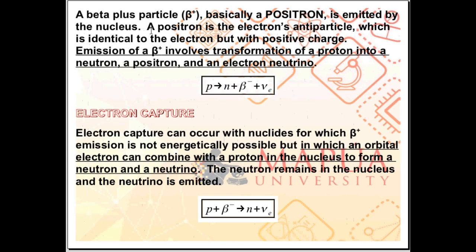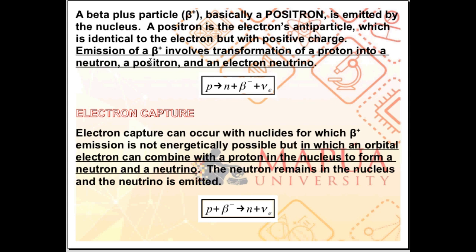A beta plus particle is basically a positron that is emitted by the nucleus. A positron is the electron's antiparticle. It is identical to the electron, but instead of being negatively charged, it is positively charged. So it's a positively charged electron, so to speak.